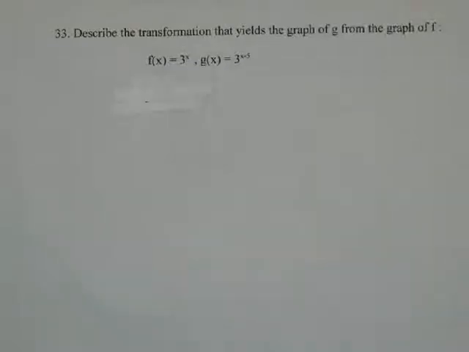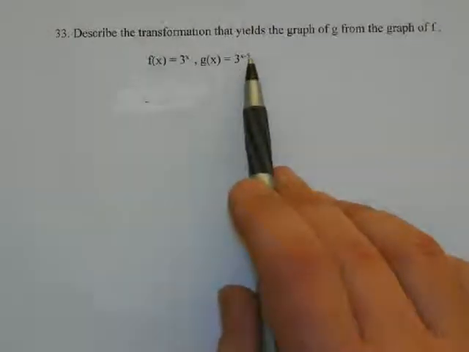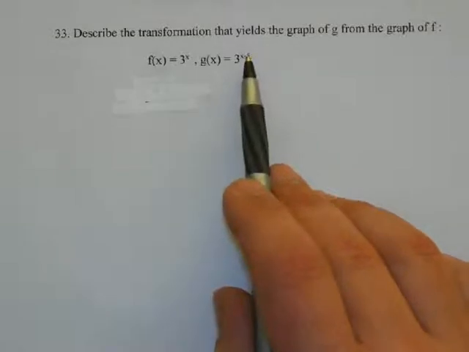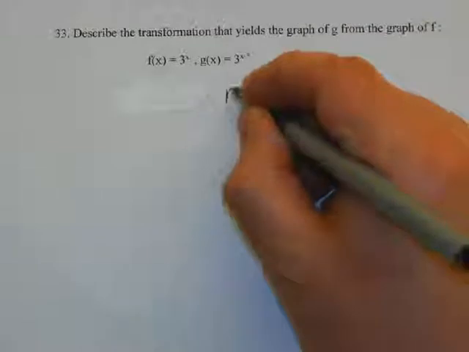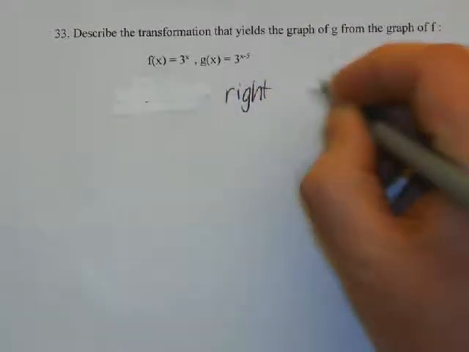Okay, number 33. Describe the transformation. So we see this x minus 5 here. Now it's in the function itself, so what that's going to do is it's going to shift to the right 5 units.